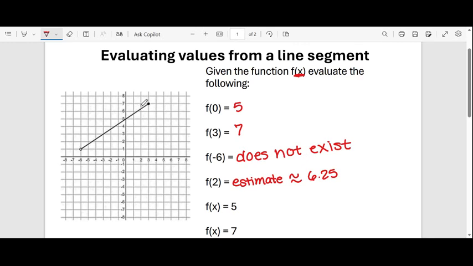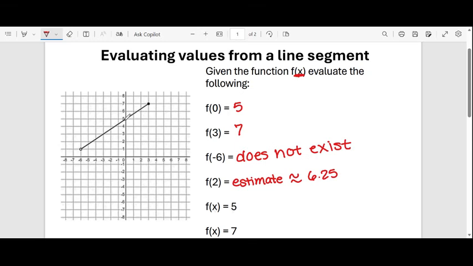Now we have 2 more here, but these look different. See how our x's aren't filled in? Well, remember, our x's were in the parentheses, and then the y's were what they were equal to. So this would be like your input, and this would be your output. Our x was in the parentheses, our y was outside of it. So what this question is asking is, what would the x value be if your y value is 5?